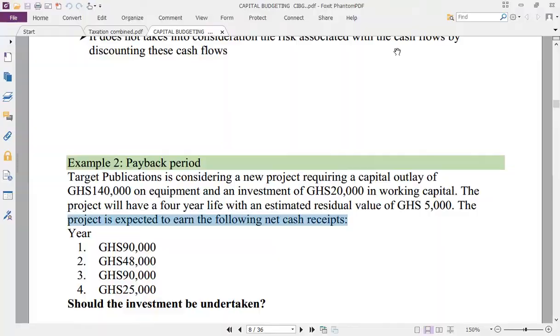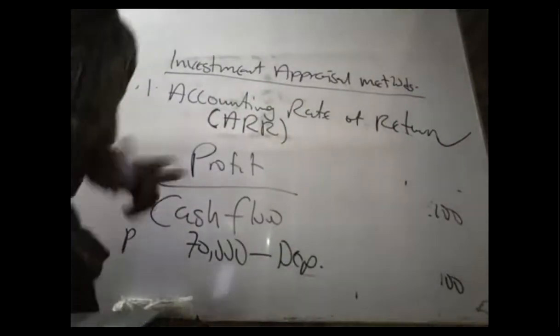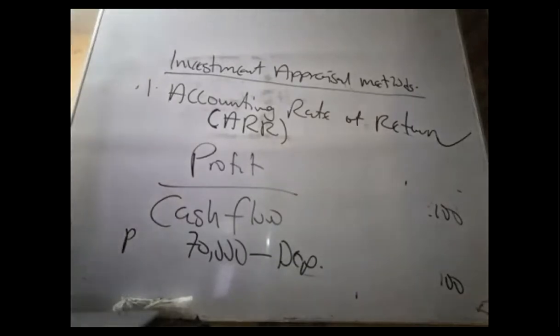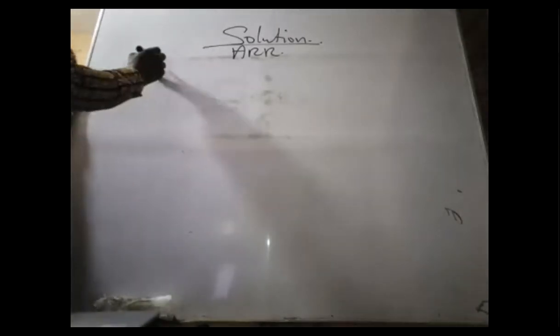Now let's see. I'll solve this question in two ways: one, the long approach, two, the short approach. Then you select one. That is all. Okay, so here is the examiner's solution. We are calculating accounting rate of return, ARR. First, they have given us a cash flow, so the table should be like this.